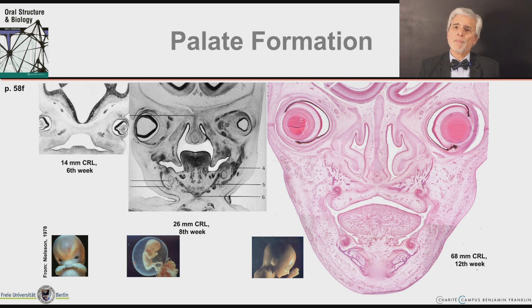Some people believe there is then a programmed cell death of the epithelial cells at the fusion site. Others suspect, or even show, an epithelial mesenchymal transformation, a very unusual process for epithelial cells to give up their character. So I don't know.